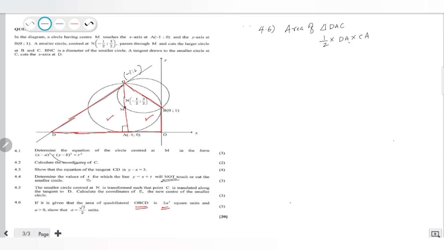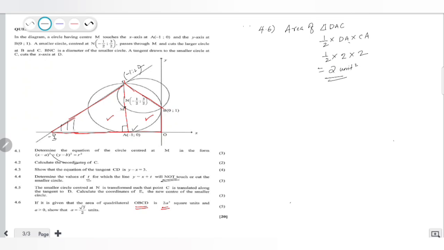So it is half times, what is DA? D is -3 and A is -1. So how many units in between? 2 units. And what is CA? M is -1, so this is 0 up until 2, isn't it? So again 2 units, that vertical line, 2 units. Is it clear? So the answer is 2 unit square.